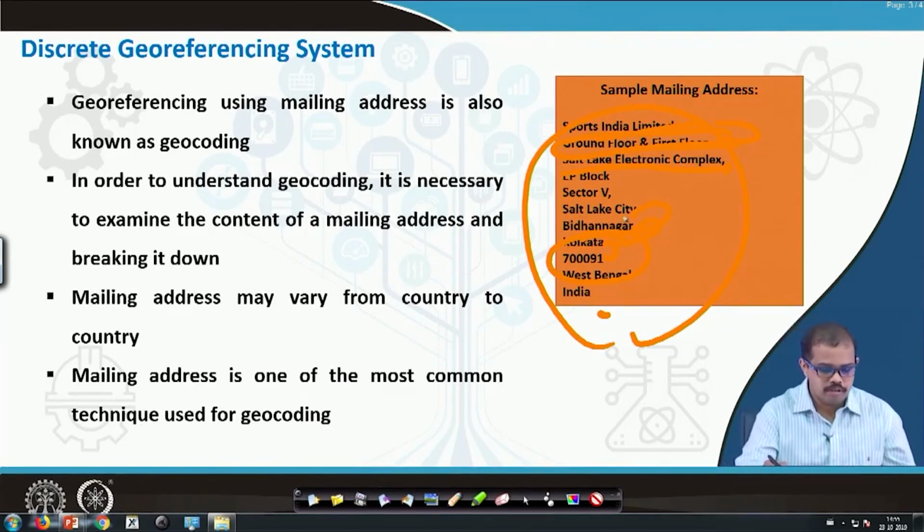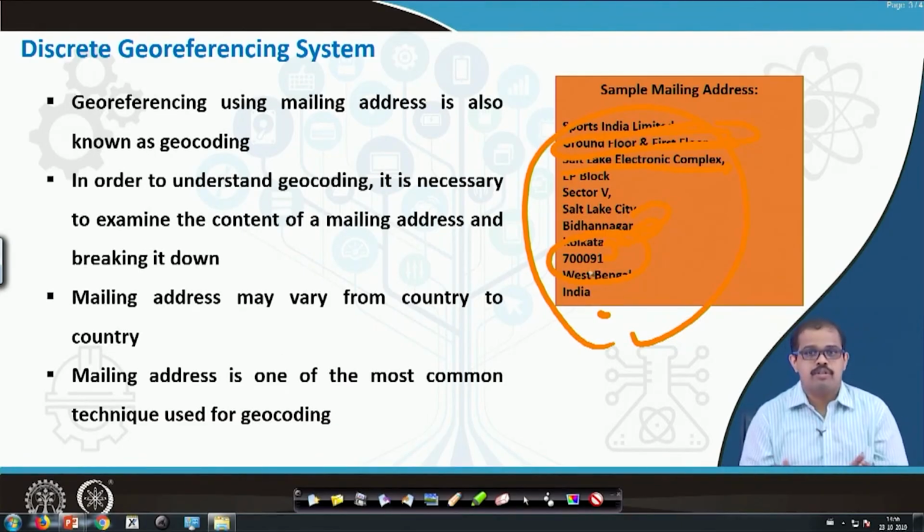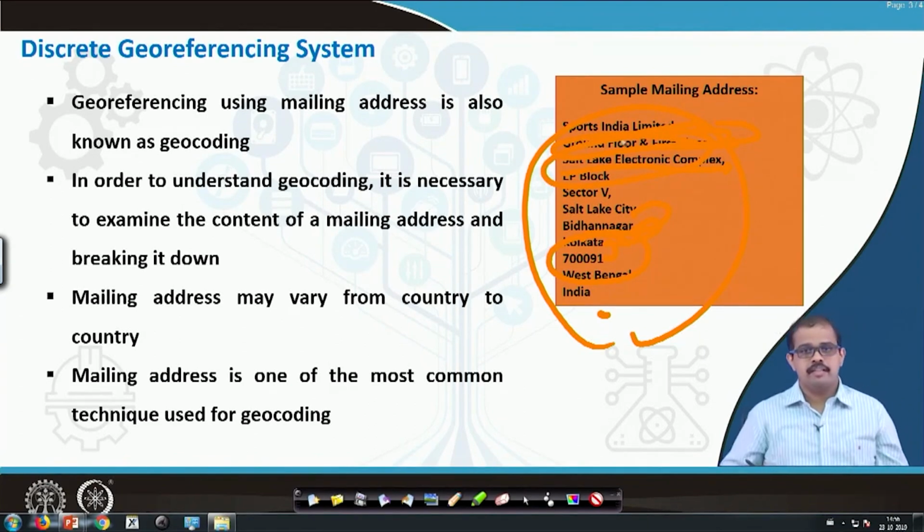Once you know that, it says this particular pin code belongs to Sector 5. So now you know where Sector 5 is, and it is a much smaller region. Just with the block information and the name of that particular building, you know where you have to deliver your post or your parcel. That is nothing but geocoding.